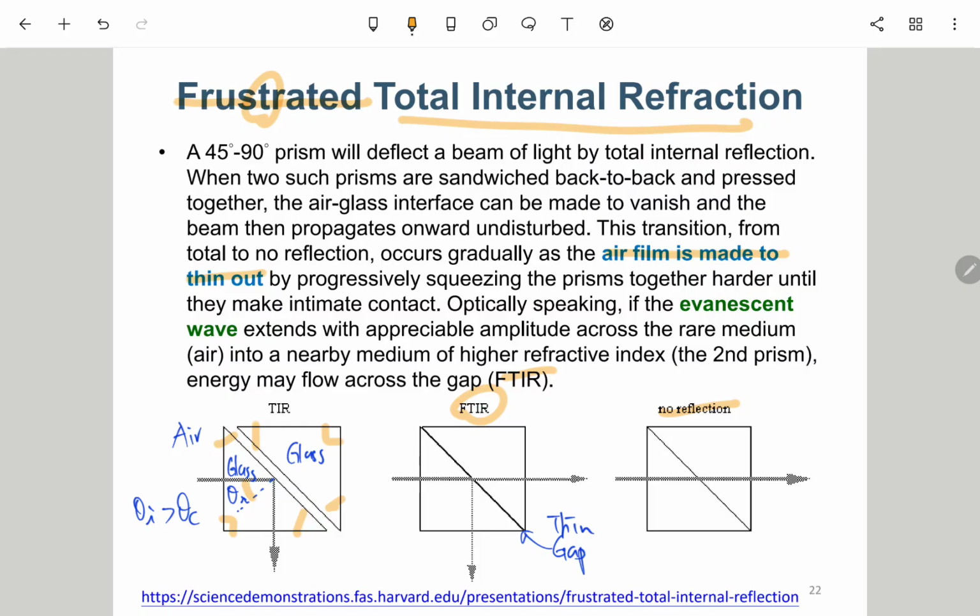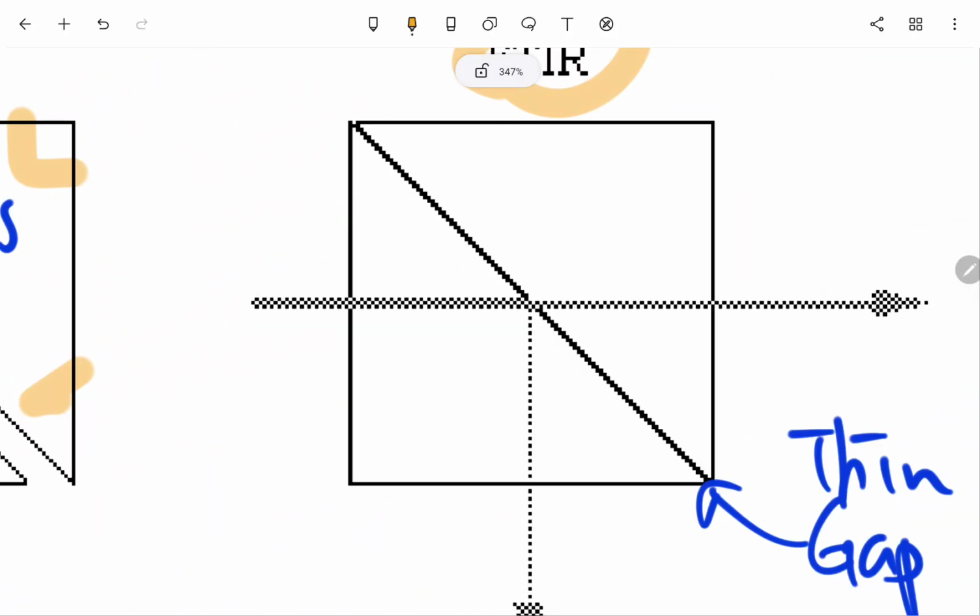Okay, so in that case, there is an interesting property here. If they are far away enough, there is total internal reflection. If they are touching each other, everything will go through. But if there's a gap in between, part of the light will be able to go through, and part of the light will be reflected.